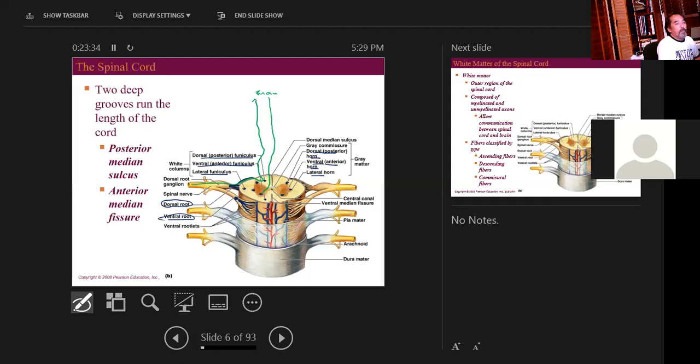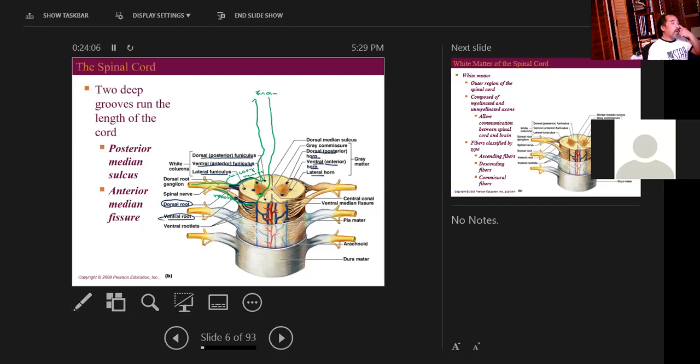Then they synapse with another neuron. From there, there are going to be two new neurons. They synapse, and the other one goes up. Here it goes down, synapses with another neuron, then exits out here at the ventral root. So that means the dorsal root is made out of sensory nerves, and your ventral root is made out of motor nerves.